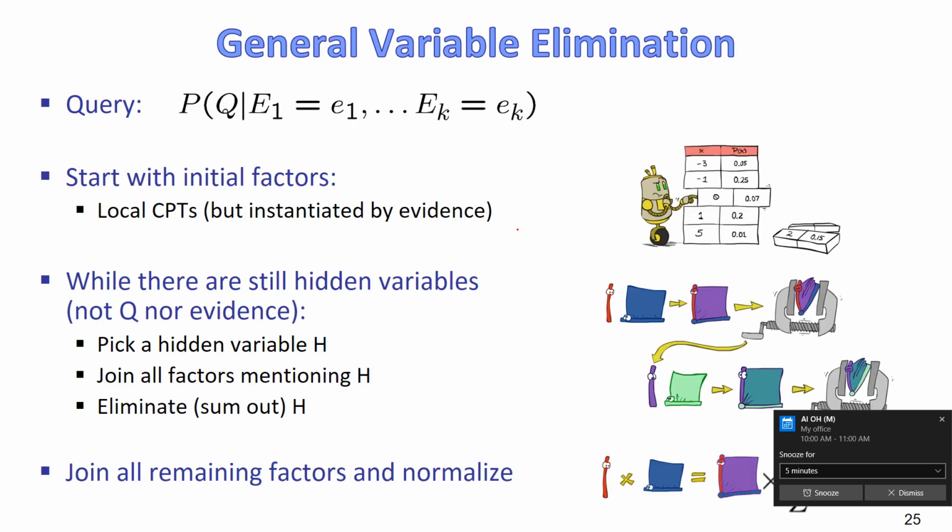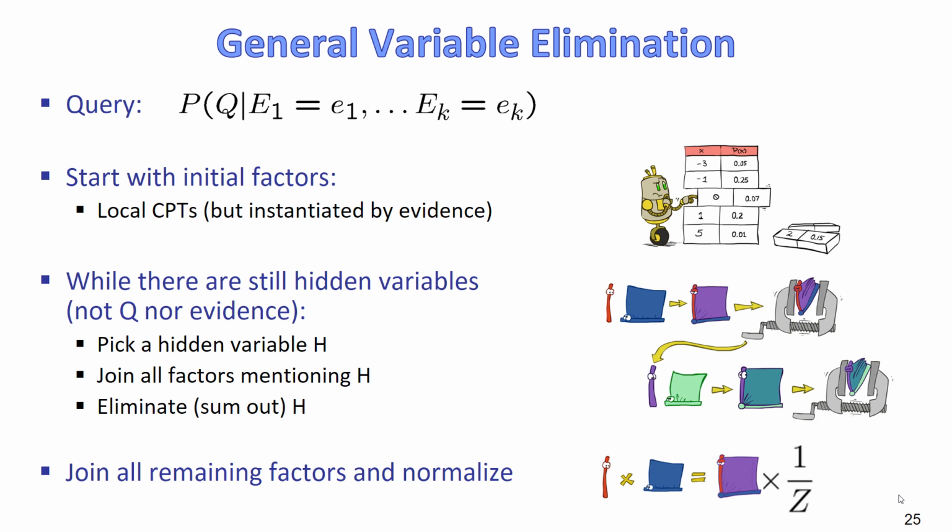So let me summarize all of what we have studied today before we give a full example. If I have a query like this, P of Q given some evidence, that's the query, and those are the evidence variables.